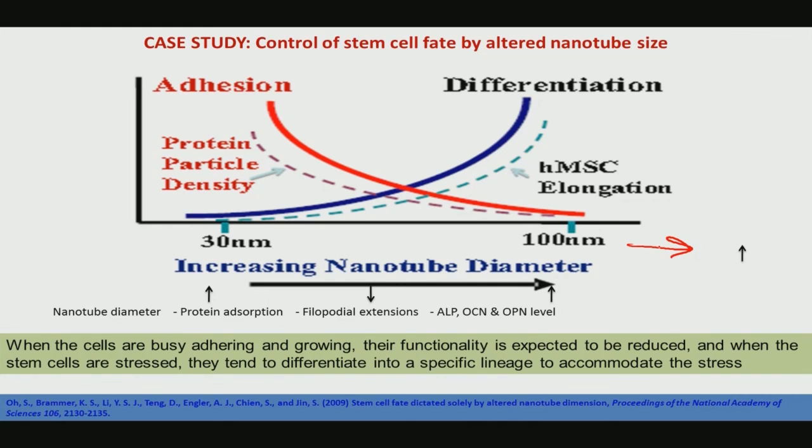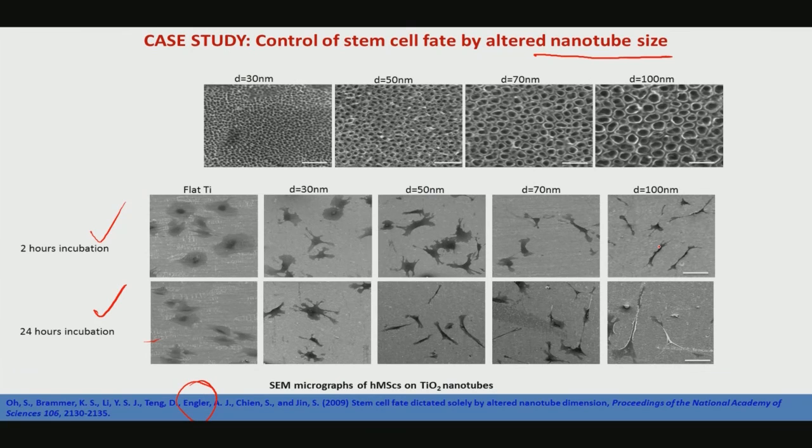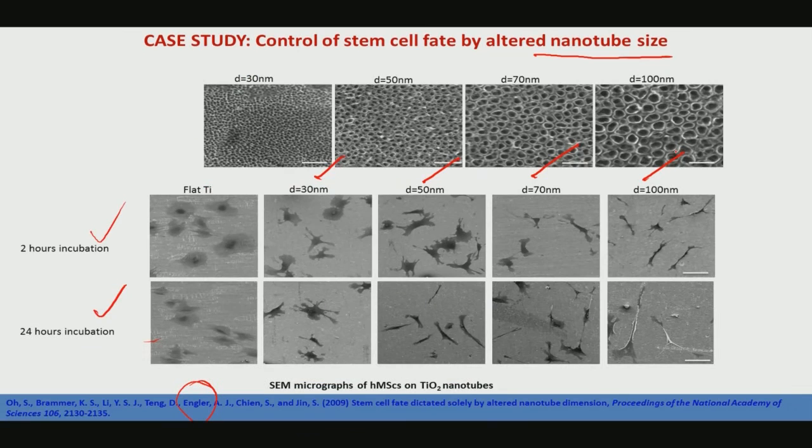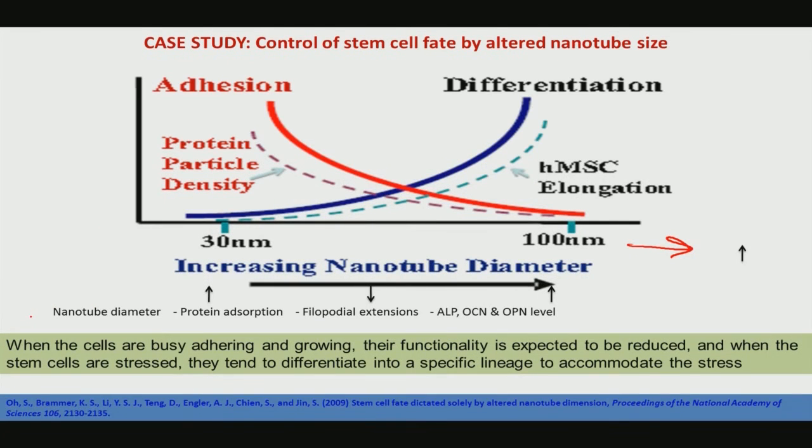If you go back to the earlier slide, you have seen that these 4 sizes at least were investigated: 30, 50, 70 and 100. And these 2 time scales were investigated: 2 hours for adhesion and 24 hours just to see some signature of the differentiation. Essentially, stem cell adhesion qualitatively decreases along this line as you increase the nanotube diameter, nanotube size.